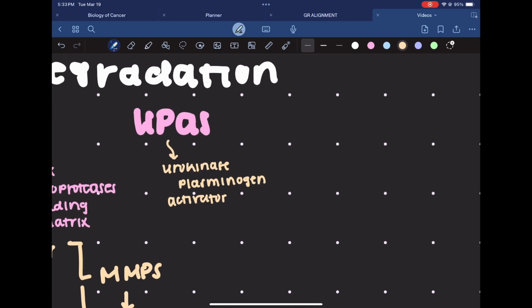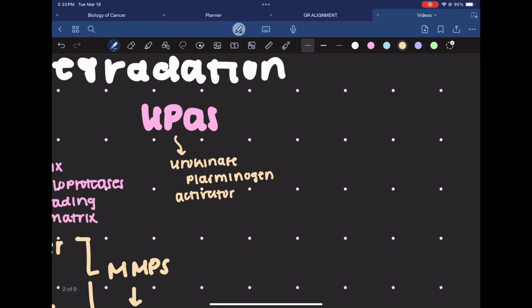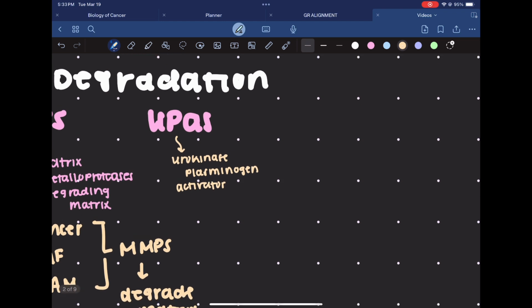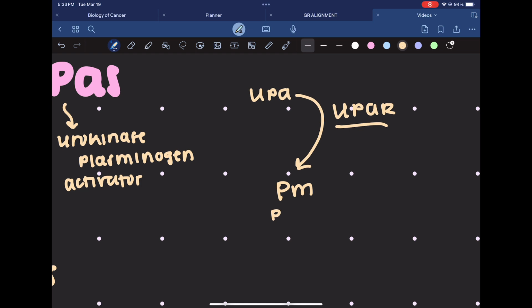And UPAs are, in particular, they're not going to be produced in an active state. So UPA is going to bind to a UPA receptor, and that's going to induce a cleavage that results in the release of a protein called plasmin.